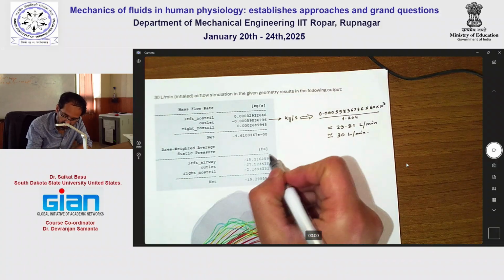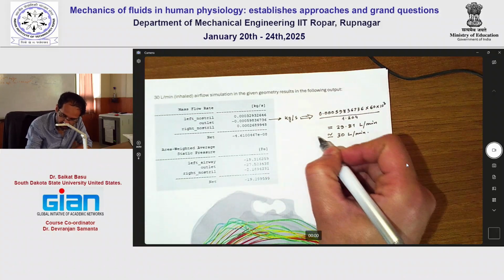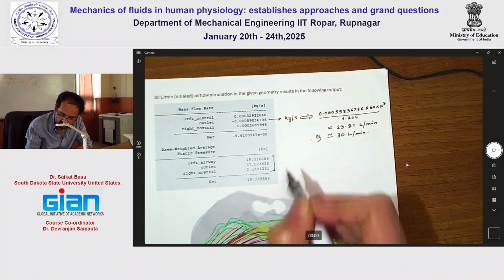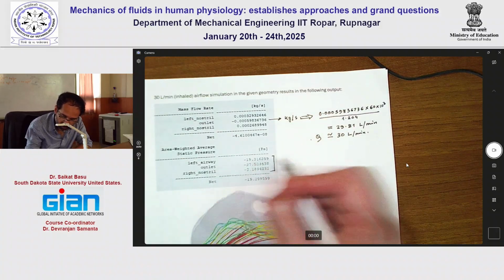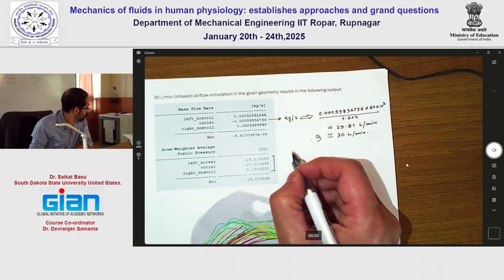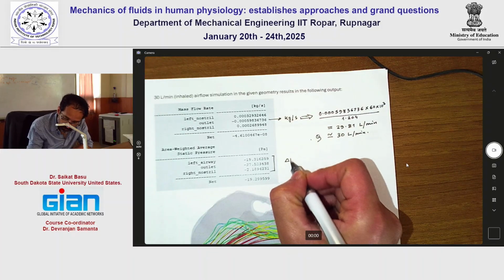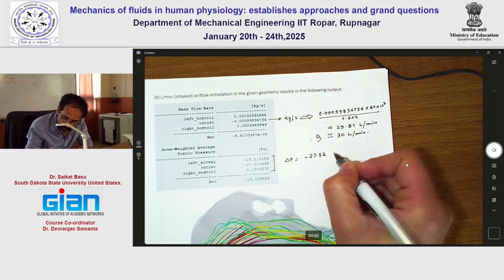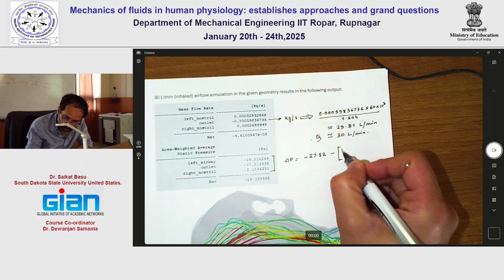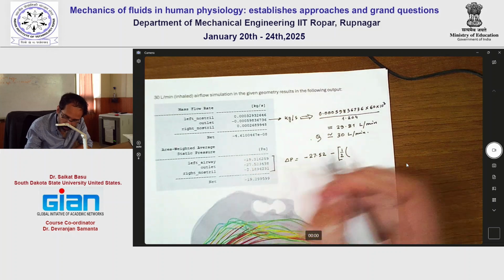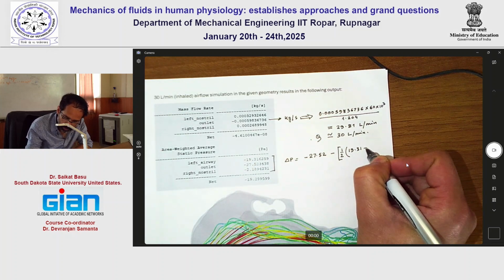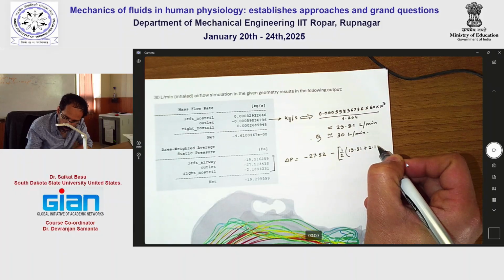Now over here, that is the flow rate, which we typically report as the first thing, and then from here we are getting the pressure drop. So we have the outlet pressure. So this would be delta P, which is minus 27.52 minus half of the two other pressures. So 19.31 plus 2.19.